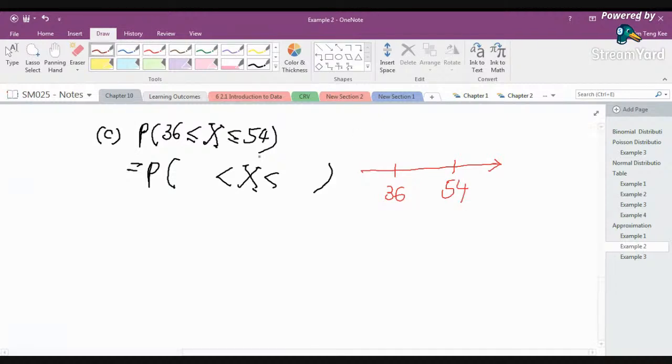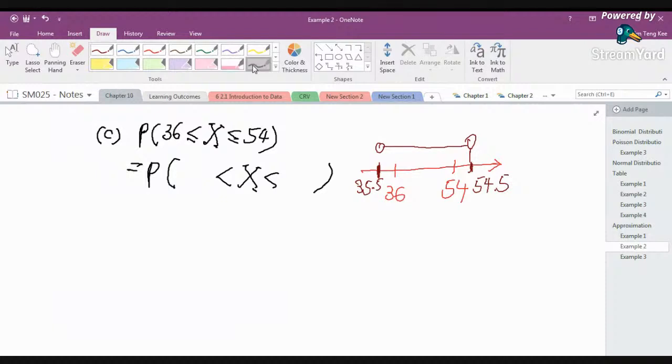So in order to cover 36 and 54, I will consider the coverage as follows, where I consider somewhere on the left of 36, which gives me 35.5, and somewhere on the right of 54, which gives me 54.5.